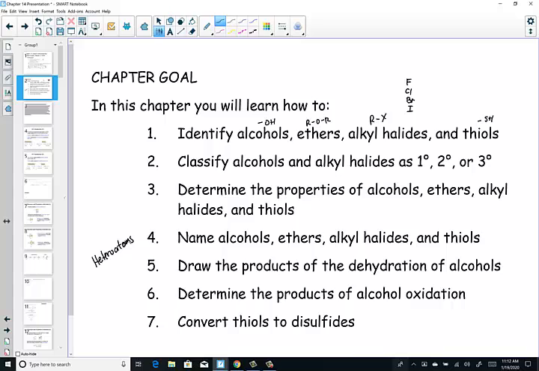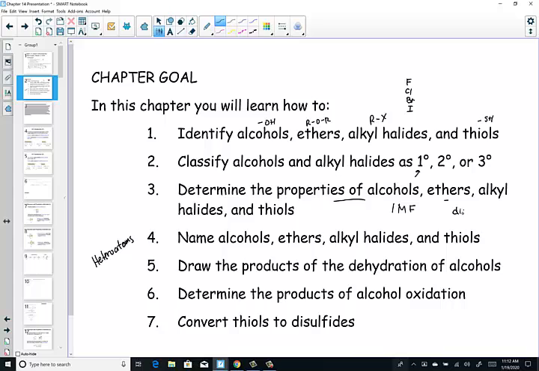We'll classify alcohols and alkyl halides by the number of carbons that are attached to the carbon bearing the functional group. Primary, secondary, or tertiary alcohols, primary, secondary, or tertiary alkyl halides. We'll talk about the properties of alcohols, ethers, alkyl halides, and thiols. What type of intermolecular forces do they exhibit?